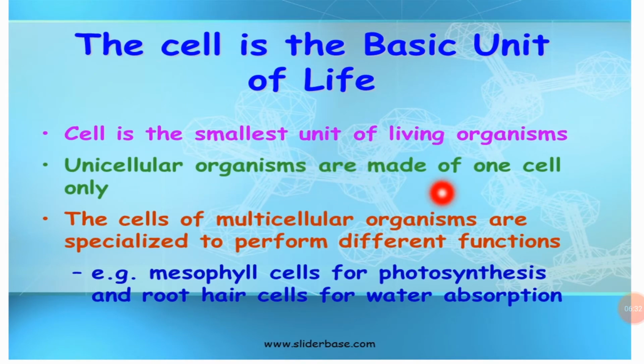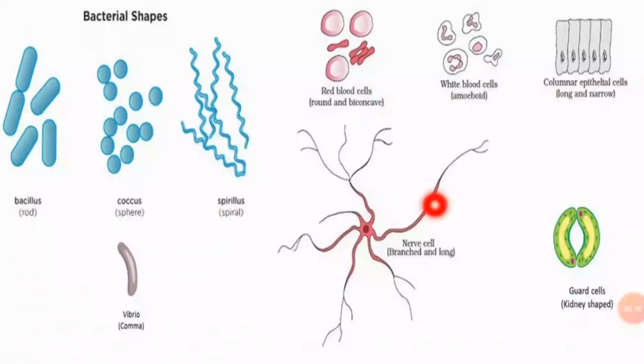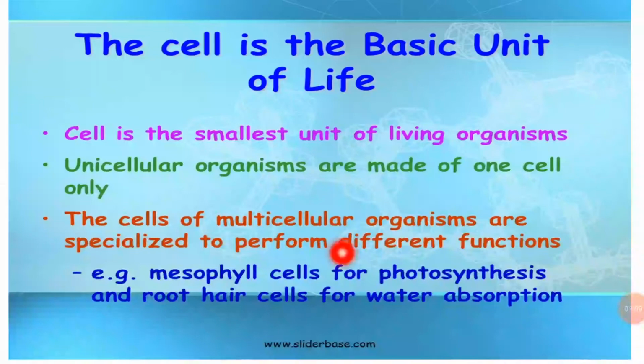Unicellular organisms are made up of one cell only. The cells of multicellular organisms are specialized to perform different functions, like the mesophyll cells, which are specialized for photosynthesis. As we have discussed in the previous slides, different cells are specialized for their specific functions. If we are discussing the plant cell, then mesophyll cells are present in plant cells.